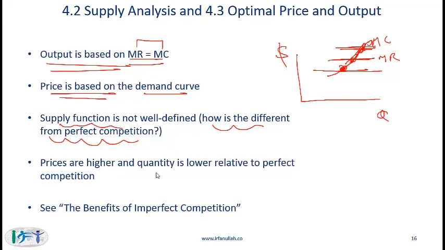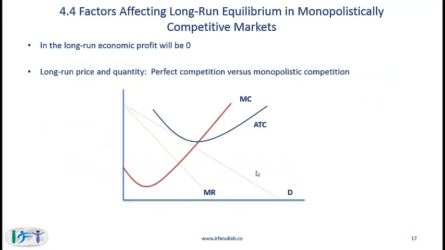The prices are higher and the quantity is lower relative to perfect competition, and we'll see how this happens in the long run. Now section 4.4 deals with factors affecting long-run equilibrium in monopolistically competitive markets.